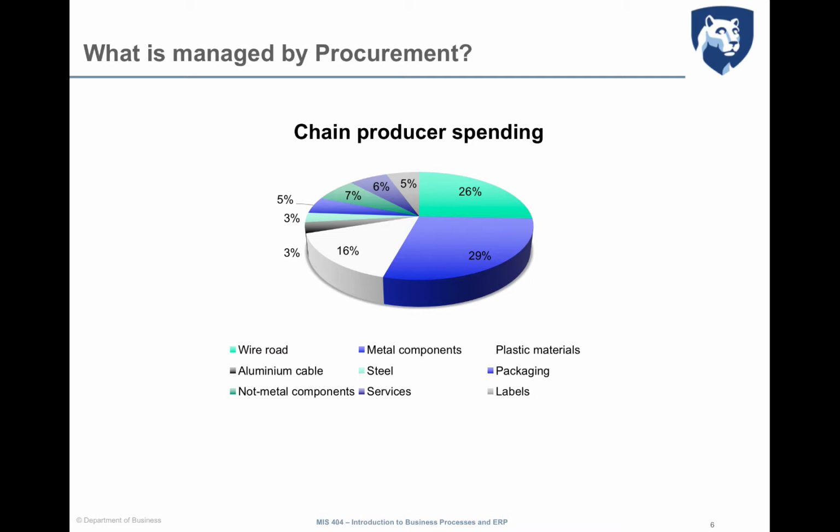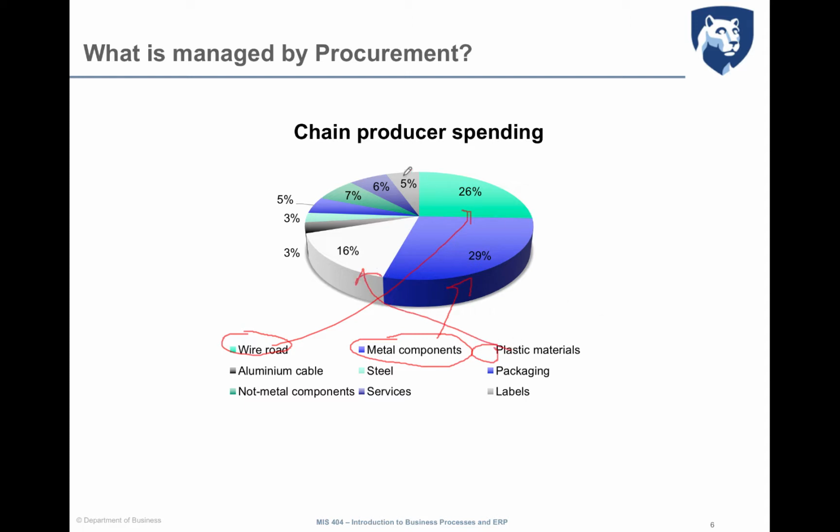Spending is a classification, in terms of value, of all that an organization purchases from external suppliers. In this case, metal components are the largest part of the spending, with 29% of the total value, followed by wire rod, which is an essential part of a chain, with 26%, followed by plastic materials with 16%.